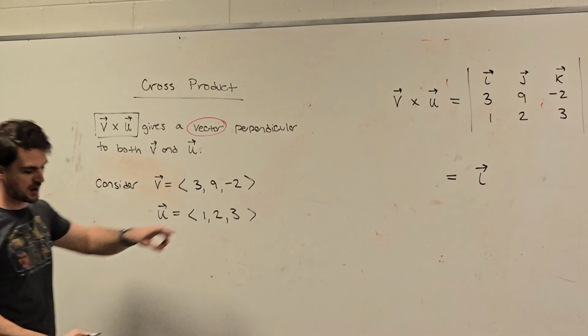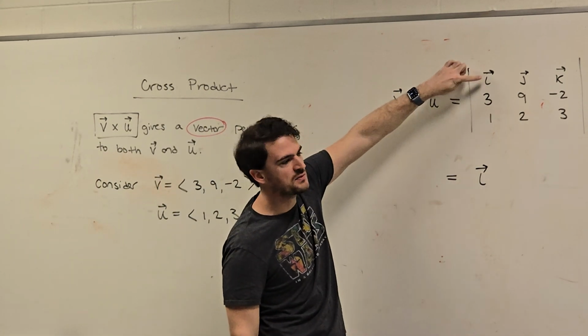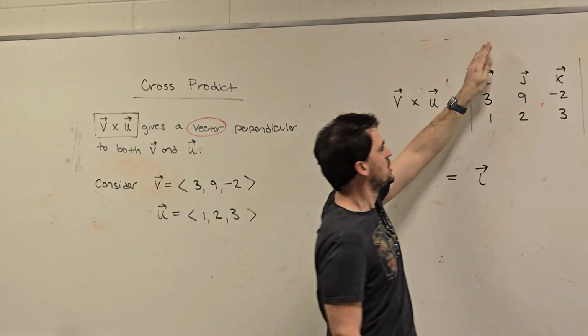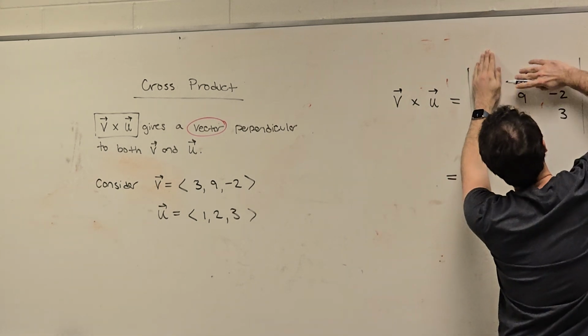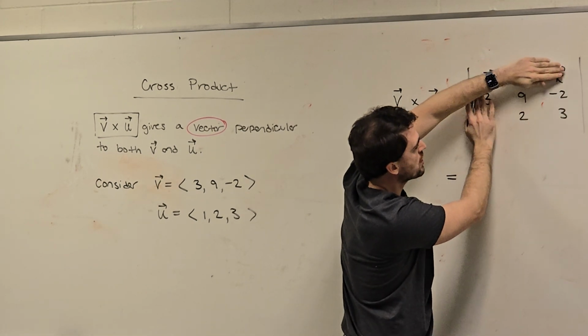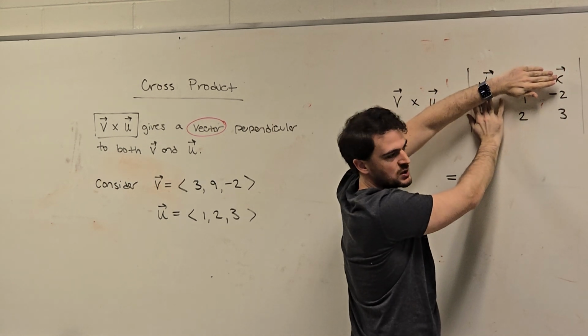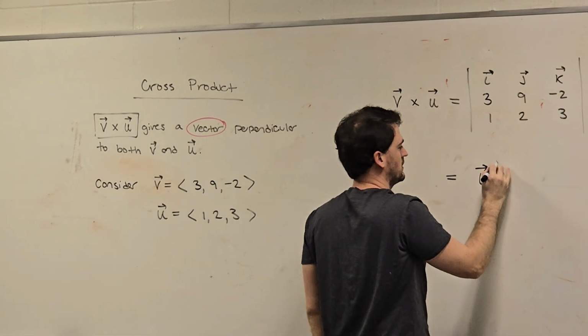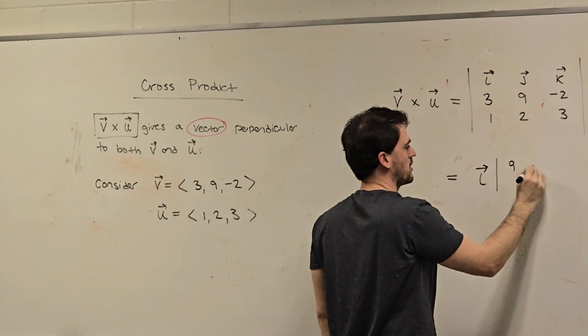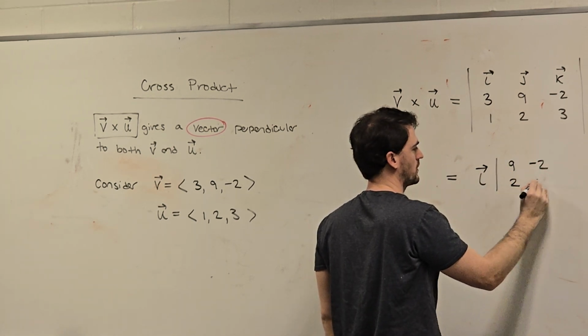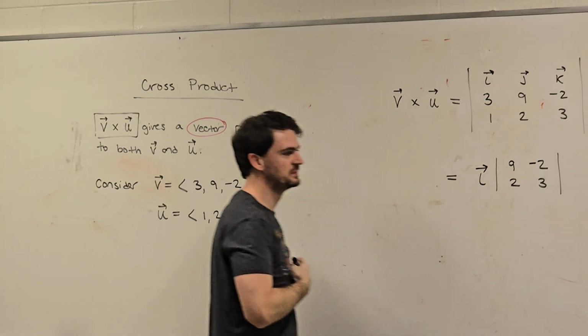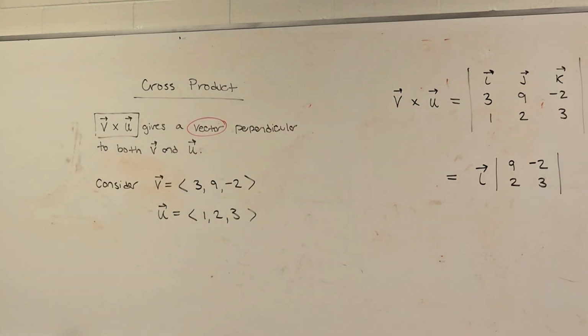You're going to grab i hat, the top left entry. You cover the first column and the first row like this, and you're left with a 2x2 matrix. You write that down. It still has those absolute value bars, showing we're still about to take the determinant of that matrix.